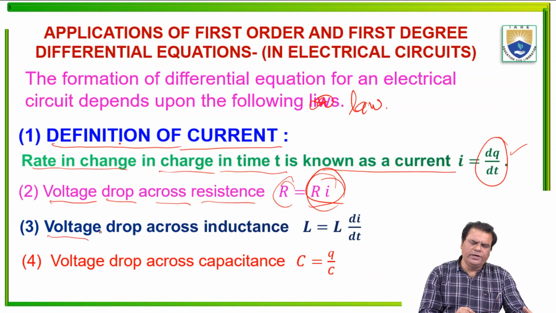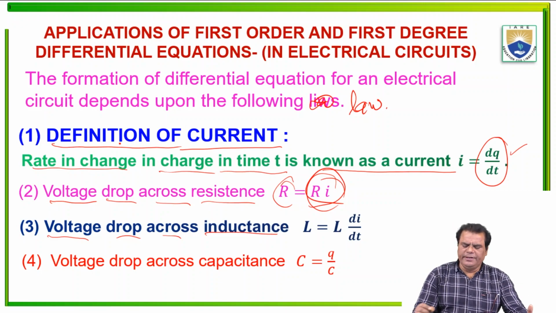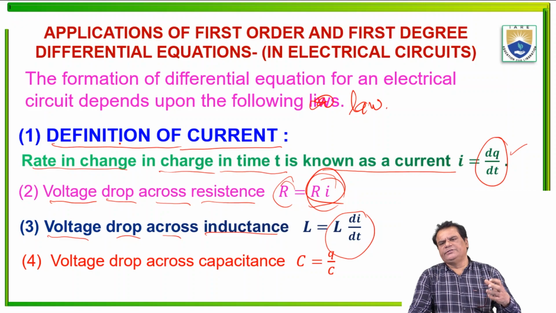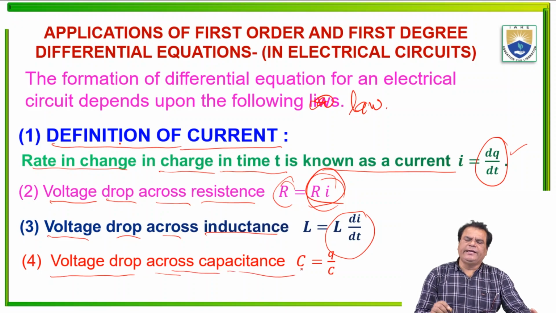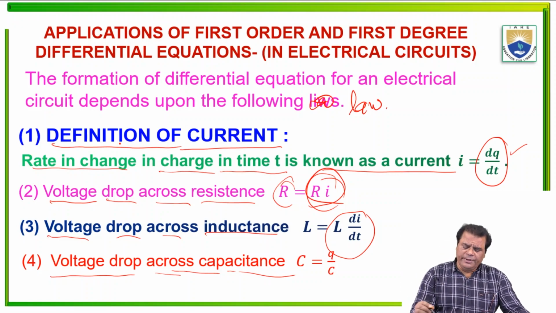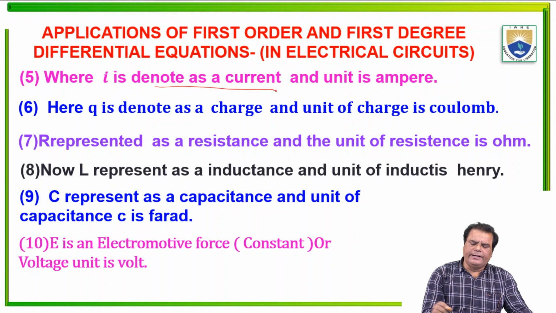Third point is the voltage drop across inductance in any circuit, which we can write as L di over dt, L multiplied by the rate of change of current. Fourth point, the voltage drop across any capacitance is q upon C.